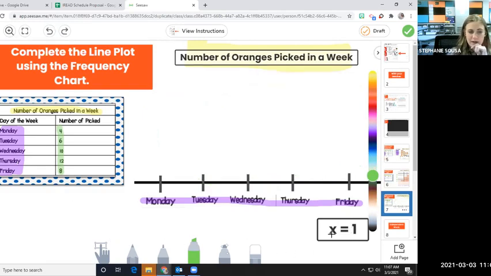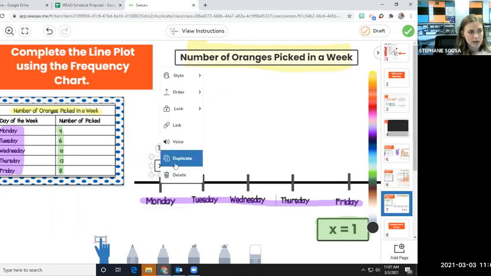Take a look down here. Our key, our scale is already shown for us. Each X is going to represent 1 orange. Okay? So let's get a text box and let's make an X. And I'm going to make that text box small enough that I can stack them on top. So you go ahead and do the same.